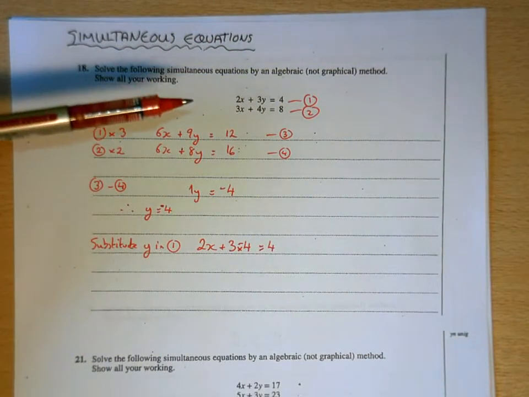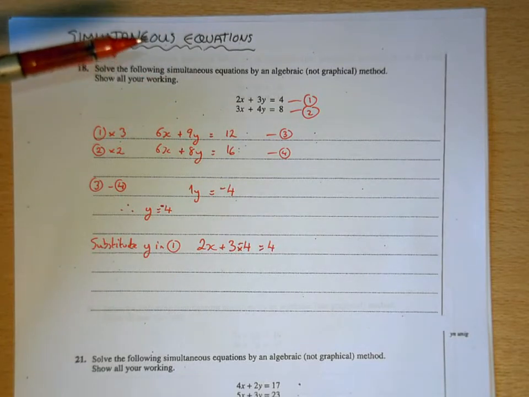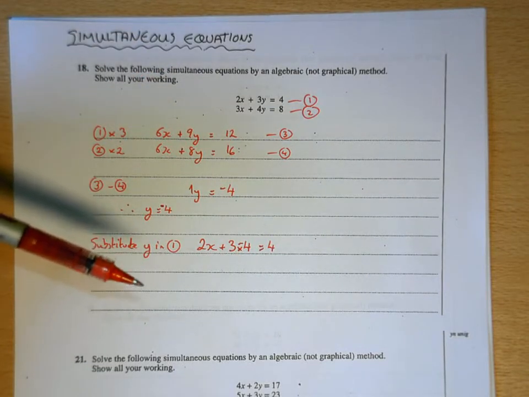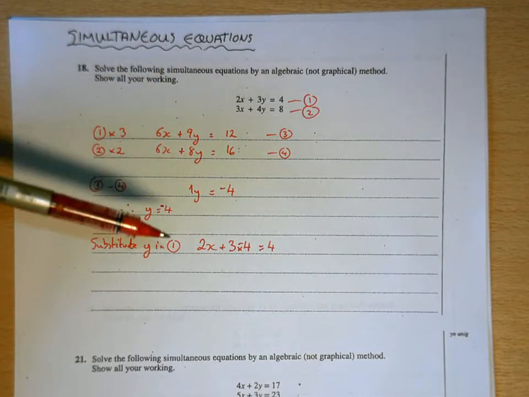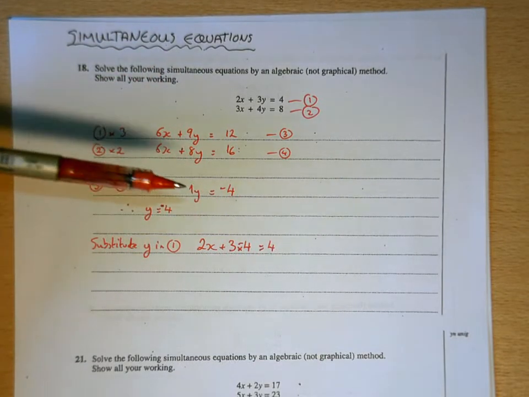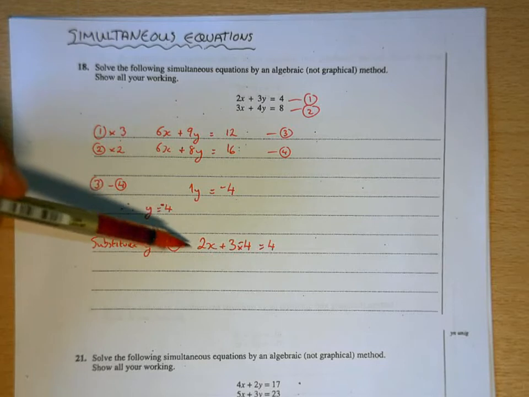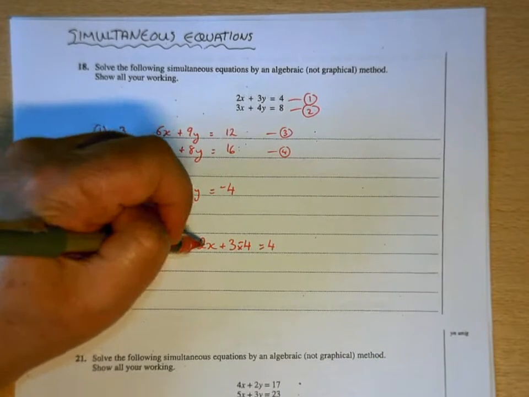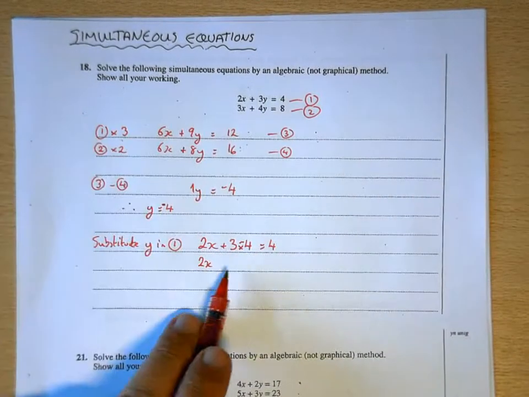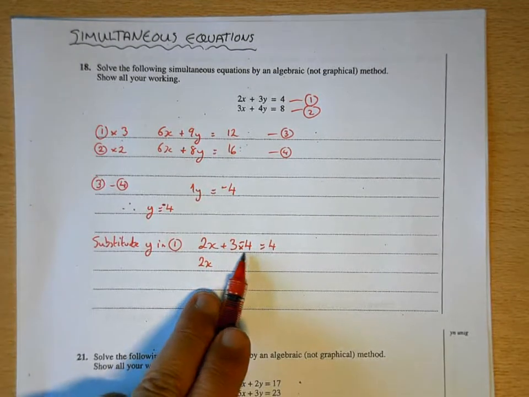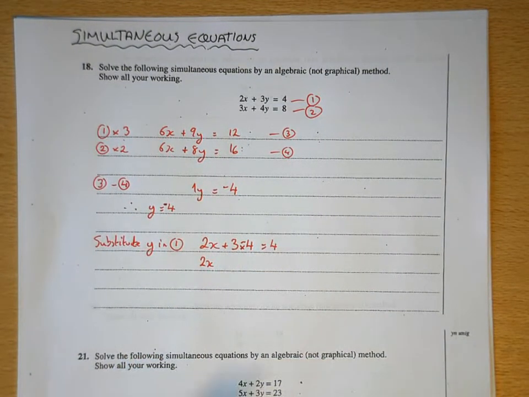Now, it's important before you practice simultaneous equations that you master ordinary linear equations where there's only one unknown, because that's what the problem now becomes. So we have 2x. Now here I've got positive 3 times negative 4.